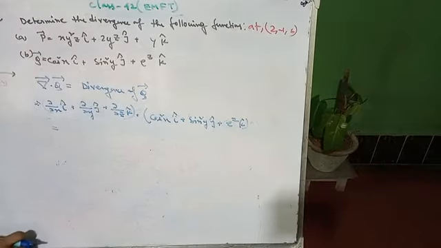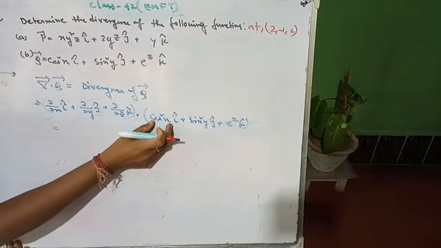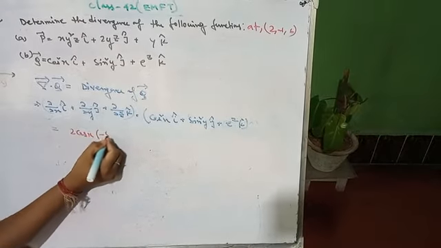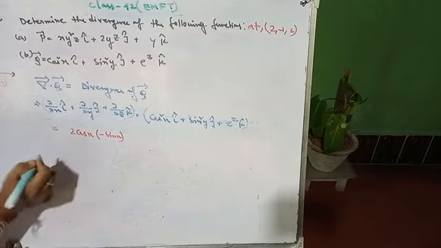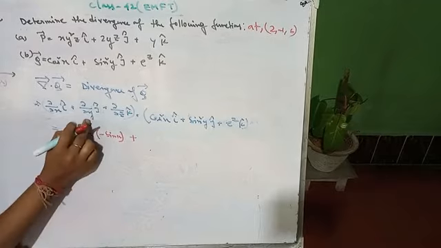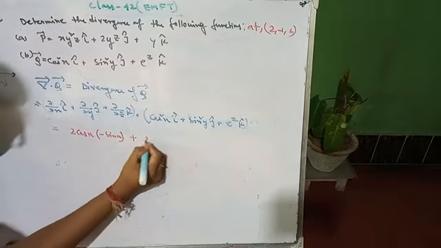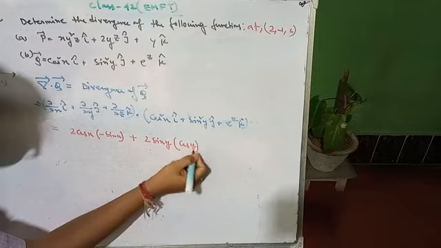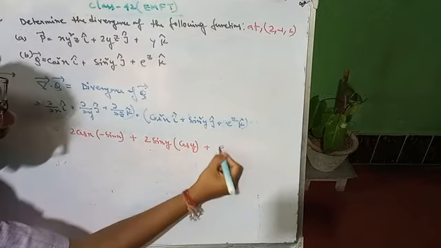So directly I am writing the ultimate answer over here. If we differentiate cos square x with respect to x, it will be 2 cos x into minus sin x. Then plus del y of this one, it will be 2 sin y into cos y. Plus del z of e to the power z means e to the power z.